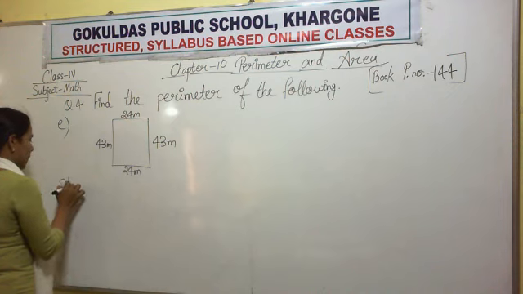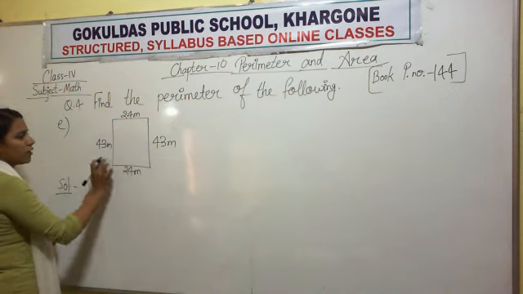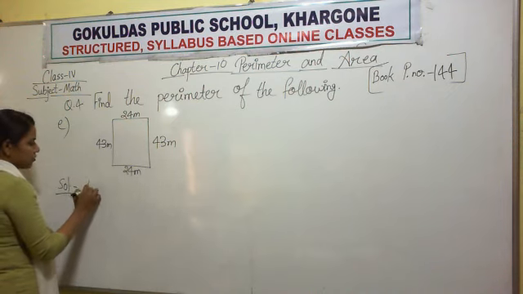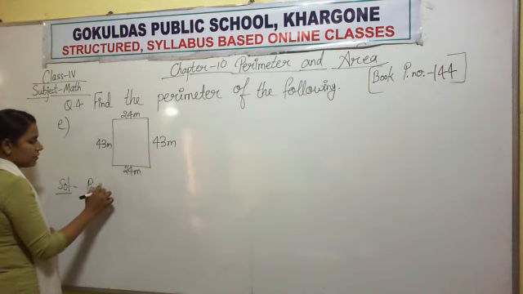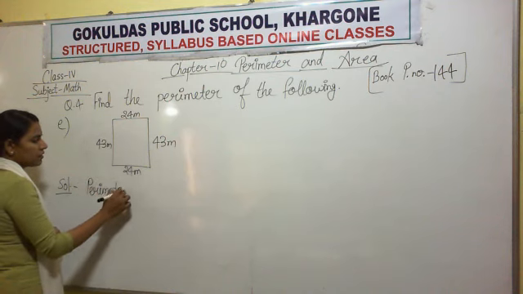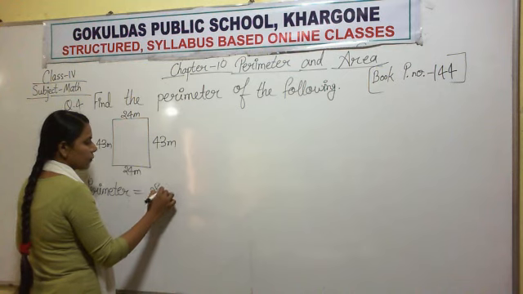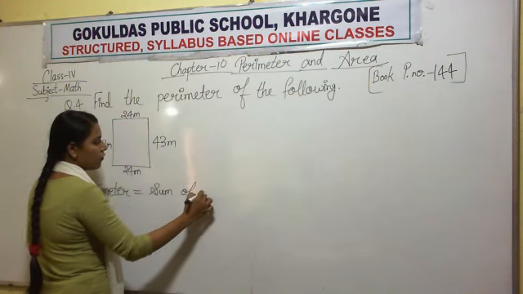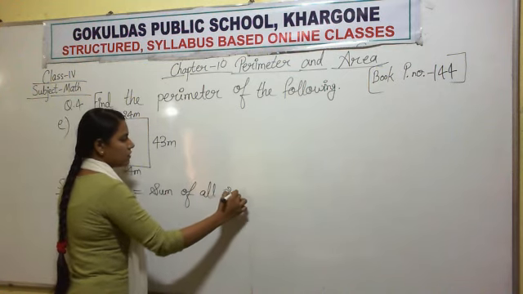Now, as we know the lengths of all four sides, let us find the perimeter. Perimeter is equal to the sum of all sides.